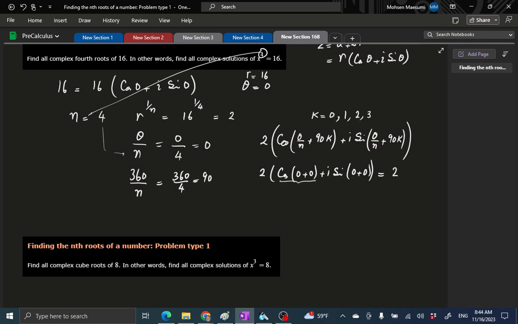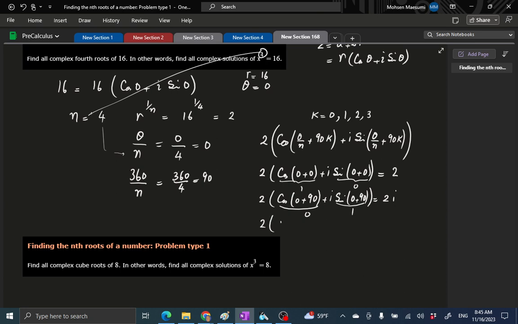Okay, this is 1, this is 0. Next, twice cosine of, well, we understood this first one is 0. Next, k is 1, this becomes 90 plus i sine of 0 plus 90. Cosine of 90 is 0. Sine of 90 is 1. I get 2i.